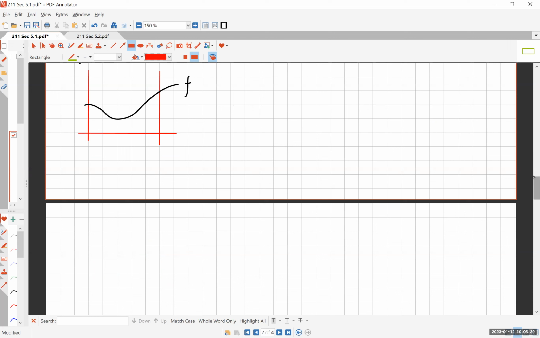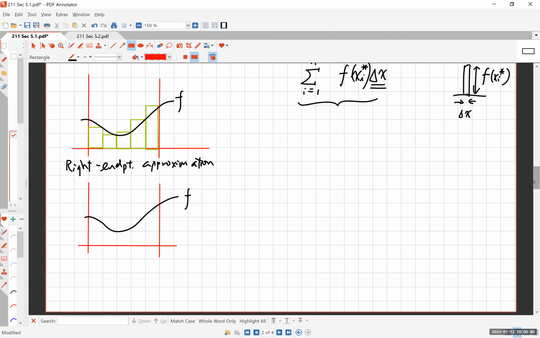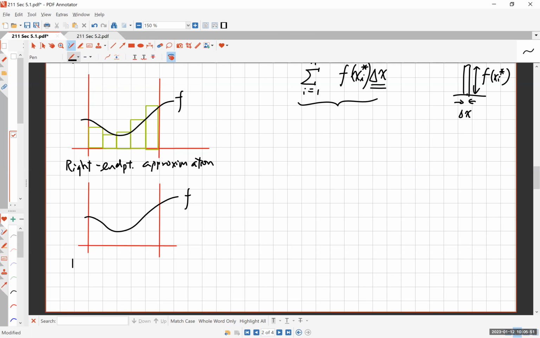Where else can you do it if you don't have the right and left endpoint? It turns out you can just pick any point. Maybe another nice way to do that is a midpoint. But it doesn't have to be. And in fact, you don't even have to pick a specific thing for each one. You can pick something random, like halfway for the first one, maybe the right endpoint for the second one, and maybe 1/3 of the way for the third one, or whatever.